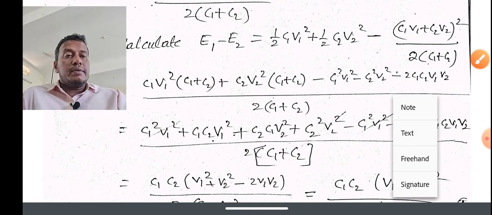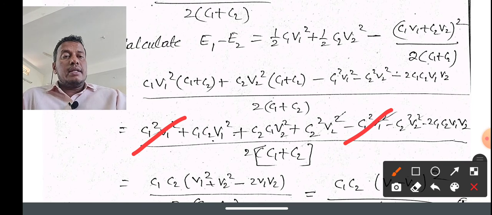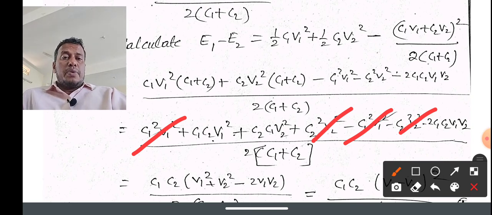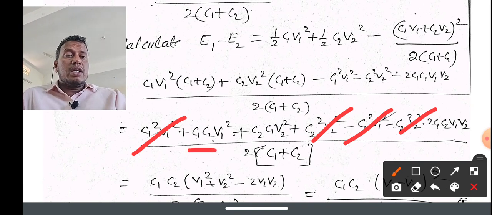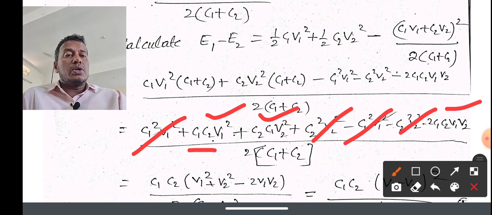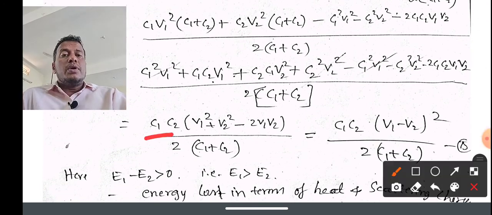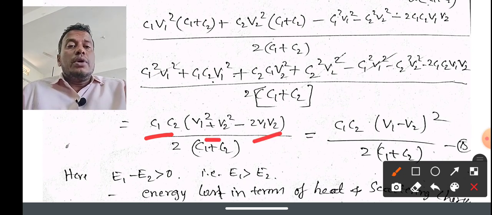Seeing this equation, this term gets cancelled and this term gets cancelled. Remaining is C1 C2 V1 square, C1 C2 V2 square; take C1 C2 common outside, and you get the equation C1 C2 times V1 square plus V2 square minus 2 V1 V2, divided by 2.